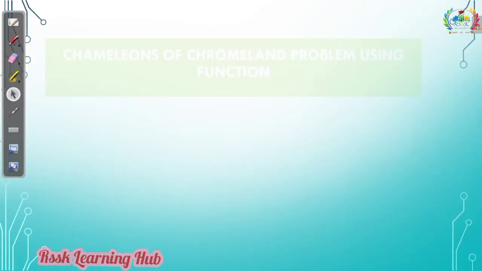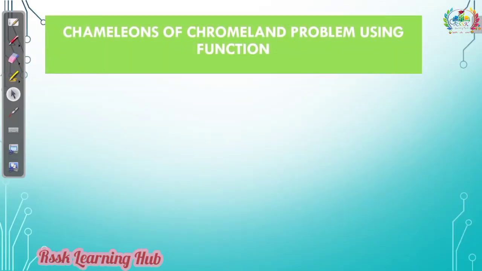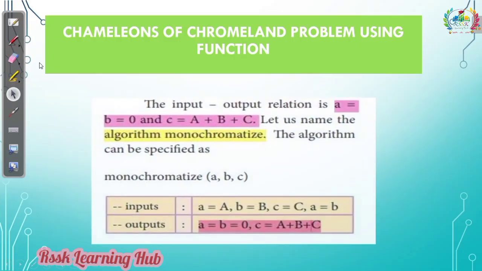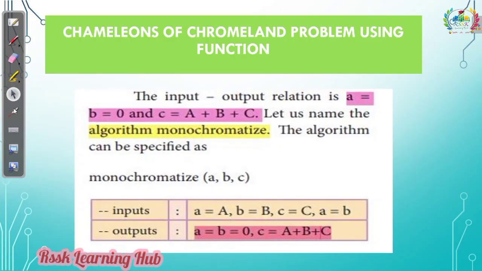Now consider this as an input. So the input function is for variable A, you have to represent the value as capital A, and capital B, and C as capital C. The main condition is what? A equal to B. That is, the values of A and B are equal in number.